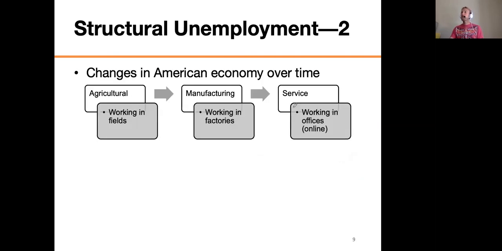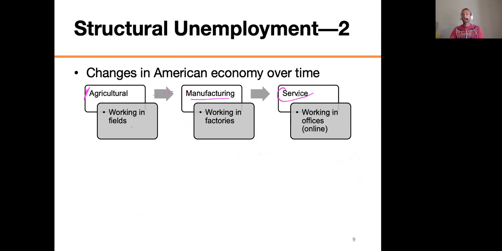And so our economy has changed quite a bit over time. First, we were predominantly an agricultural economy where we worked in the fields. Then we became sort of a manufacturing economy. You can think about the big steel mills and coal production and railroads and making a lot of things. Now, mostly we work in offices.